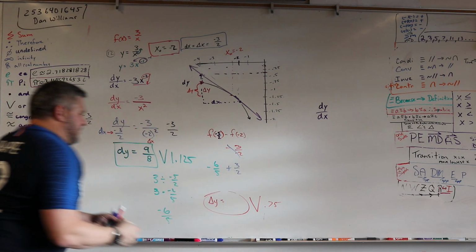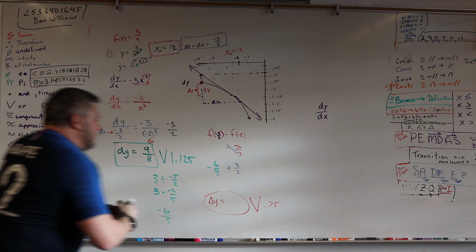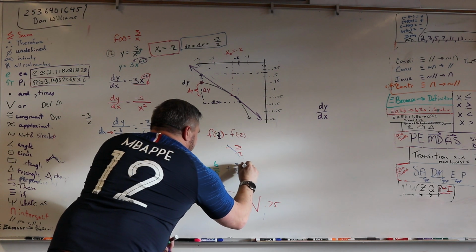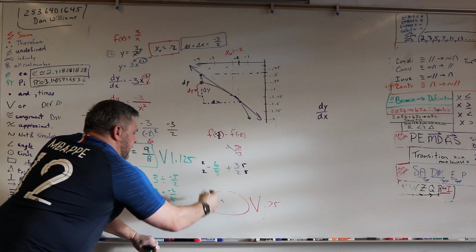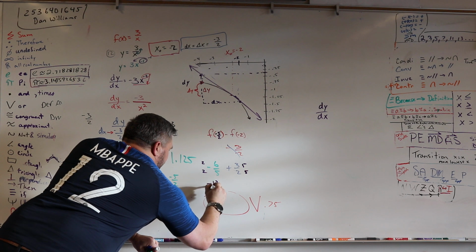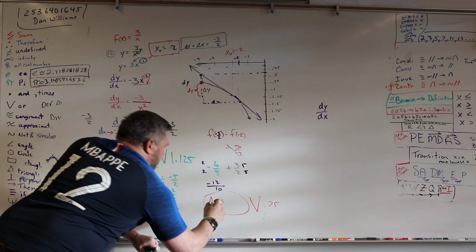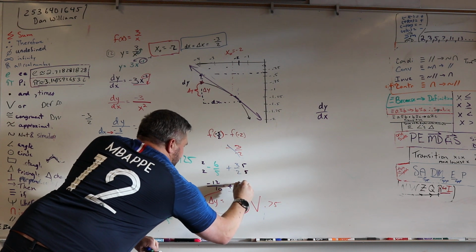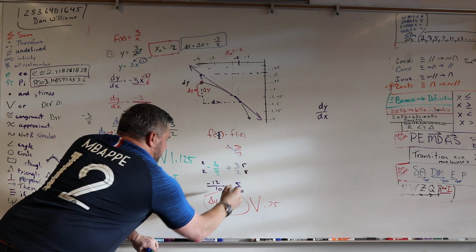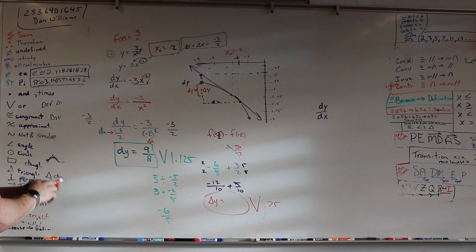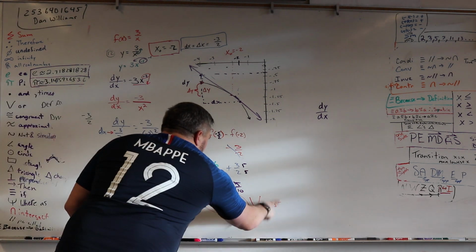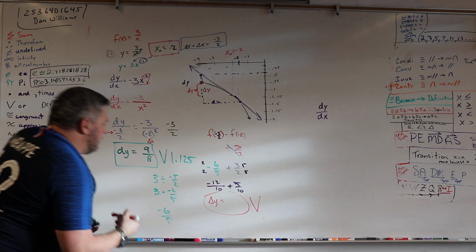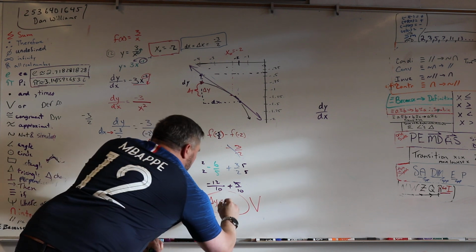And so how do I turn these into the same fraction? Then I get 5 over 5 and 2 over 2. And that's negative 12 over 10, and that's plus 15 over 10. Right? Then I get negative, what is that, 3?